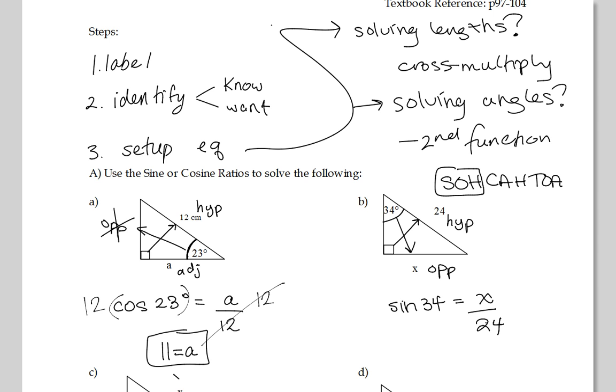Multiply by 24. Sine 34 times 24. If you're in degree mode, what should you get? 13.4. Beautiful. You're following along on your calculator as well as the notes, making sure you can do all this.